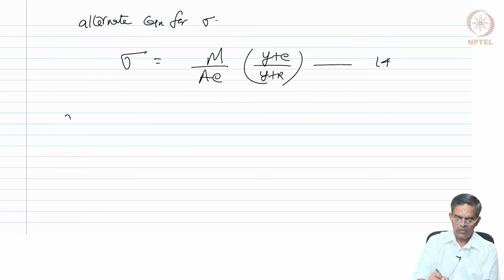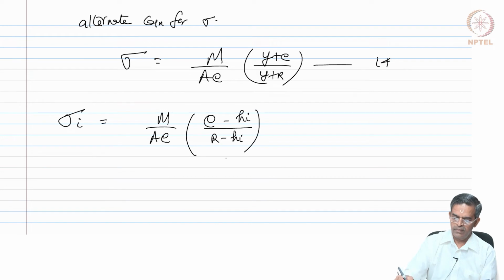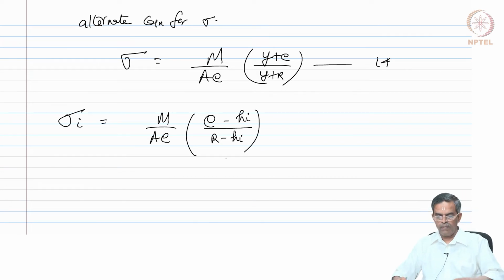Using this, stress at intrados will be M by AE, e minus hi by r minus hi. Look at the figure. hi is the depth of the intrados point measured from the centroidal axis.